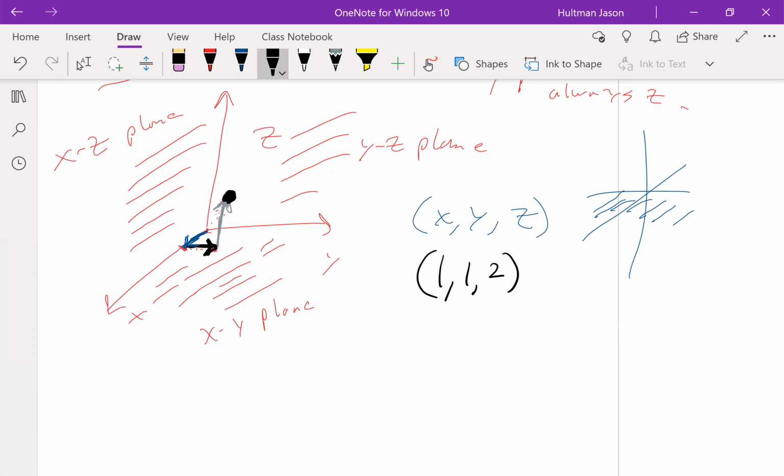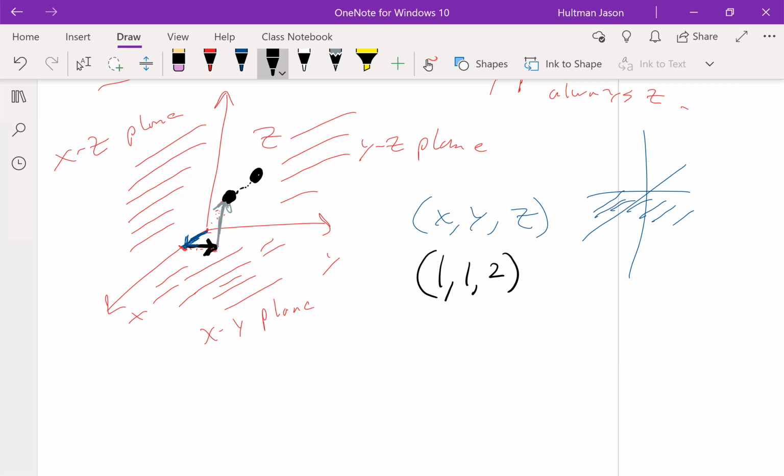Well, what's the projection of this point onto the YZ plane? If I were to put a light parallel to the YZ plane, where would that point be projected?